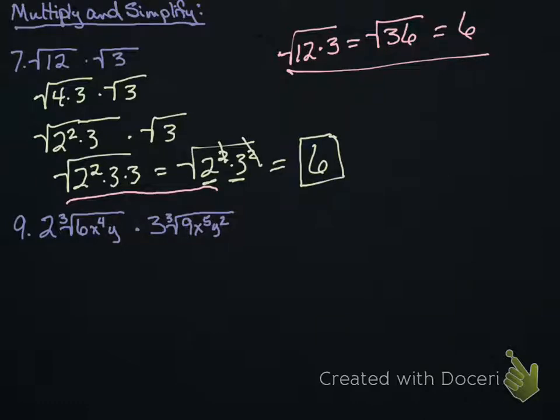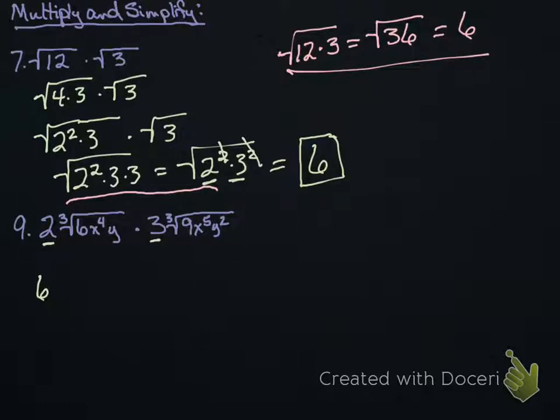We have number 9. We have 2 times the cube root of 6 x to the 4th y, times 3 times the cube root of 9 x to the 5th y squared. First thing we're going to do is multiply what's outside of our radical. So 2 times 3 is 6.